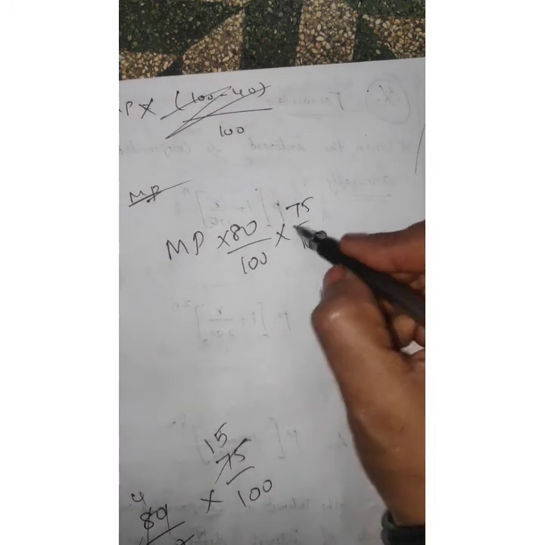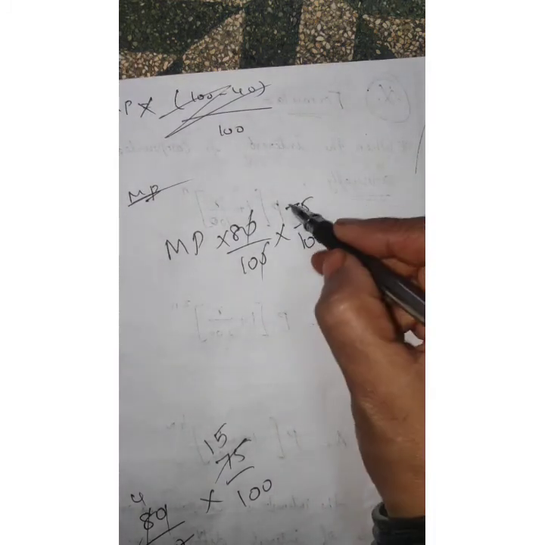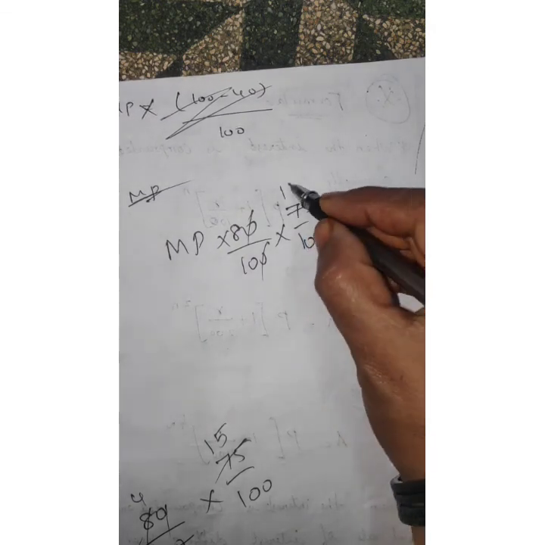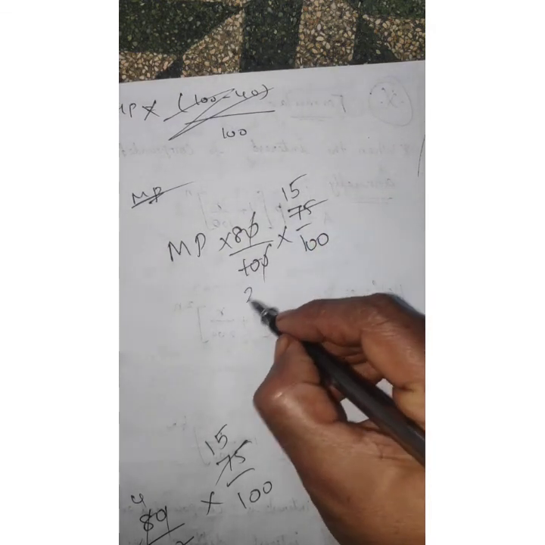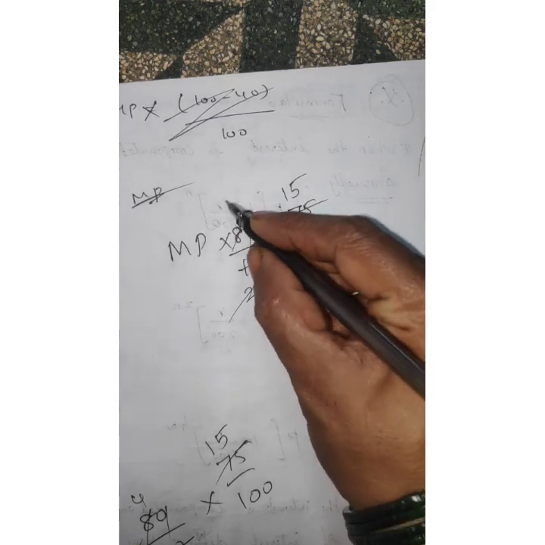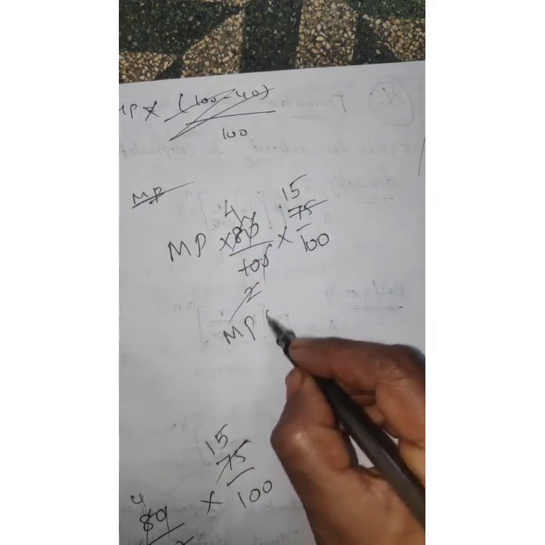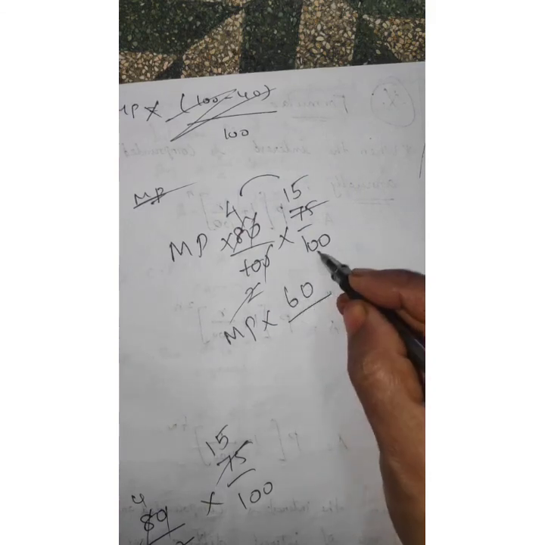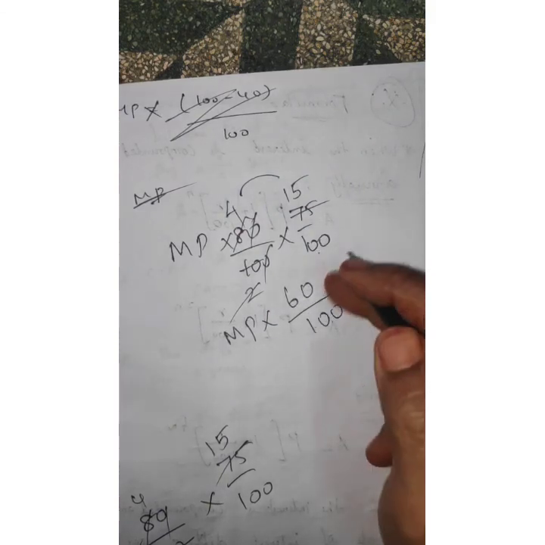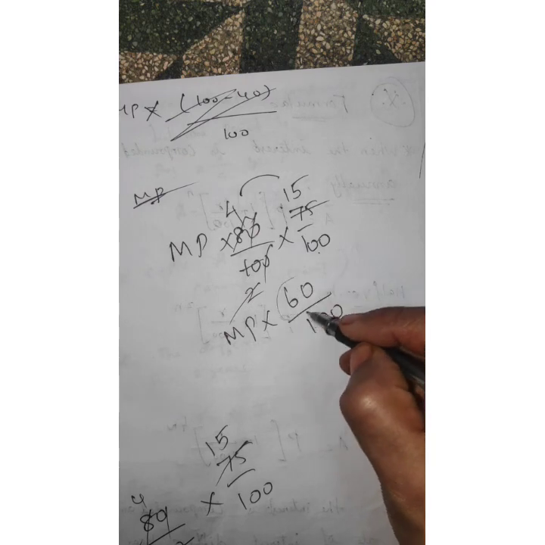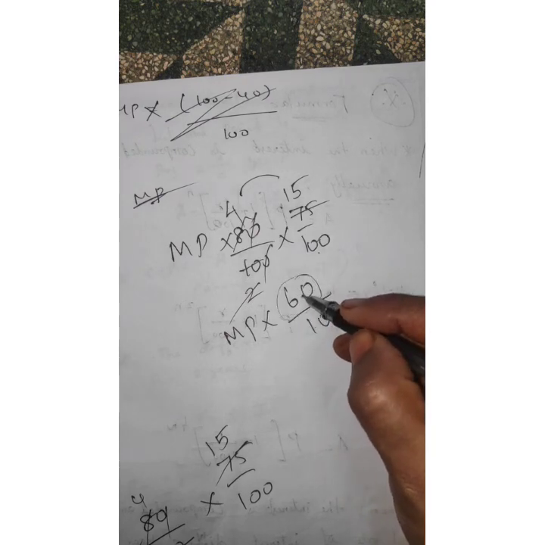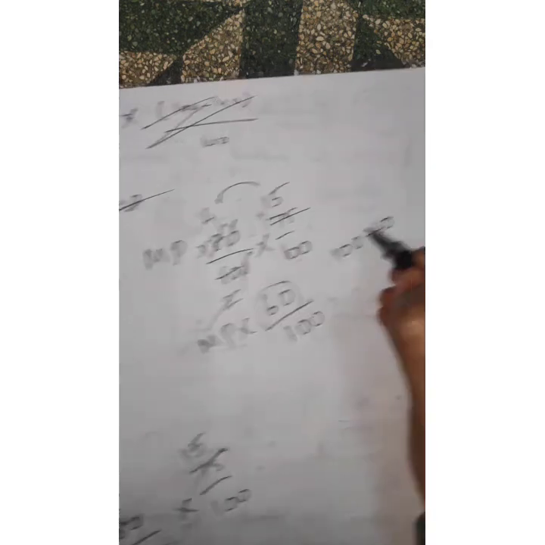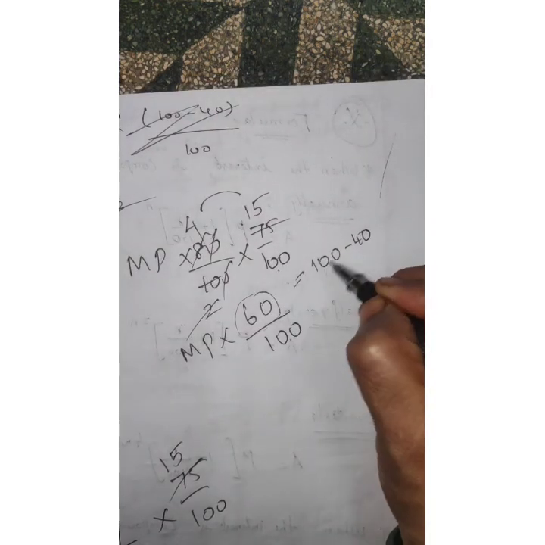Cancel the numbers. 0, 0 first you cancel. Fifth table, second cut. One 5 is 5. Remaining 2. Five 5s are 25. Five 2s are 10. One 2 is 2. Four 2s are 20. MP into these two numbers multiplied gives 60 by 100. So 100 minus 40 equals 60, that is the answer.